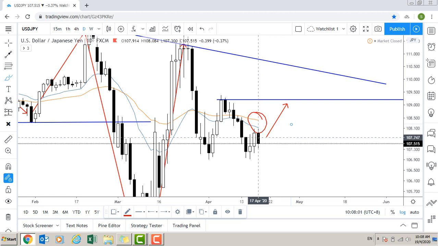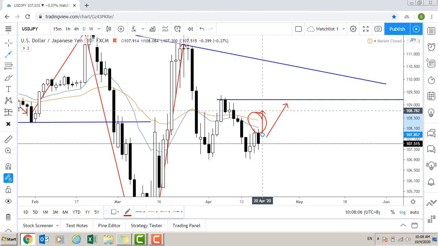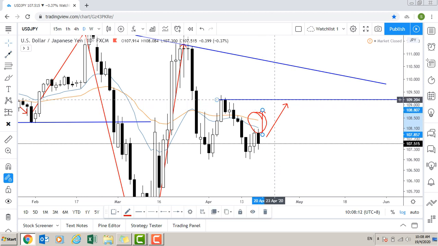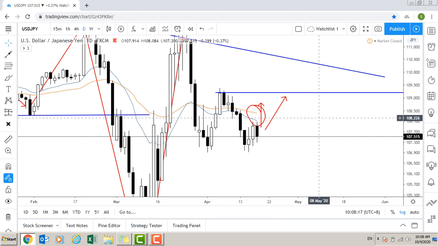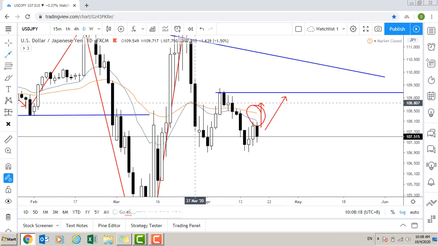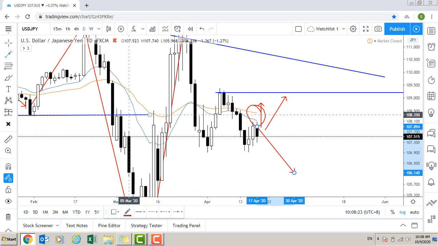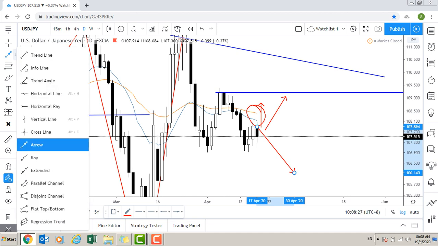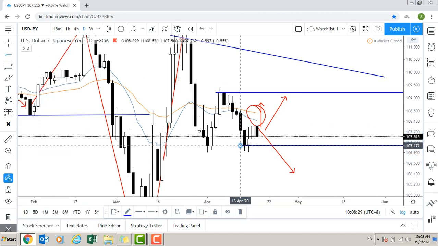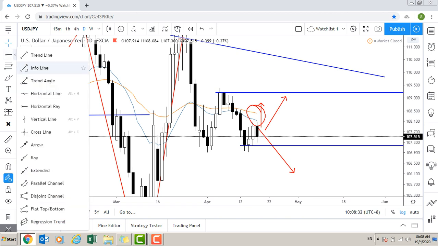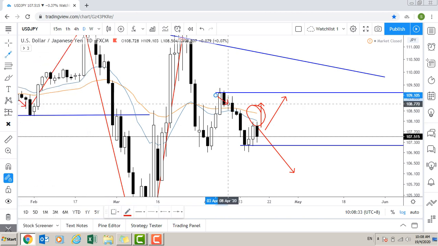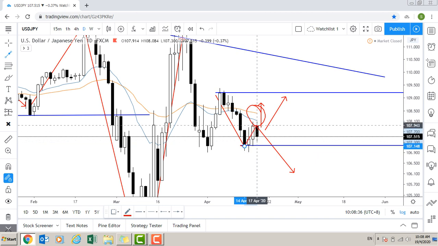Or if the price closes strongly above these two dynamic resistances, then we might want to wait until the price comes to this area and look for a sell signal. Or the third scenario is if the price continues to move down next week, then it's a more confirmed case, because I have a short-term bearish pattern that supports my long-term case.